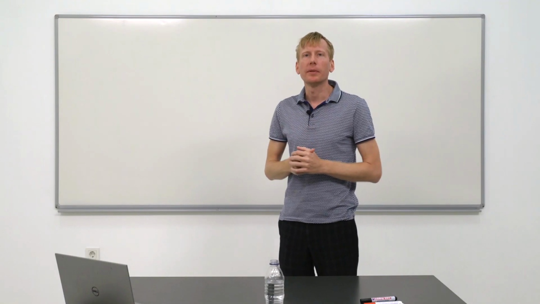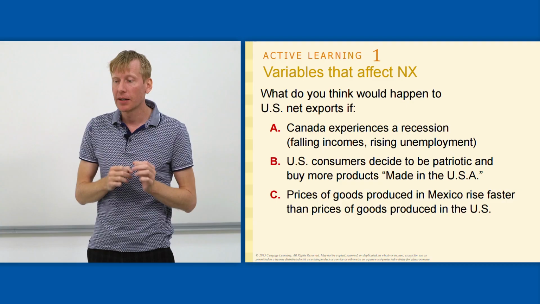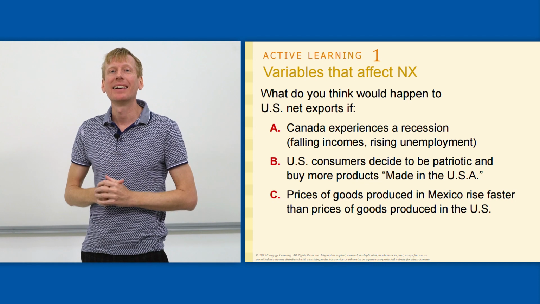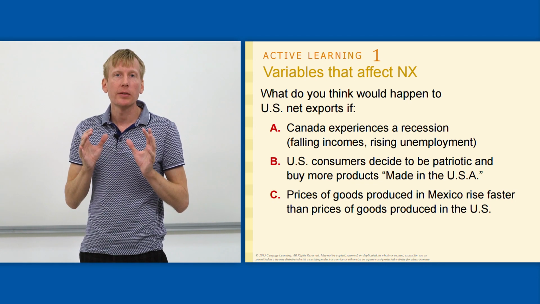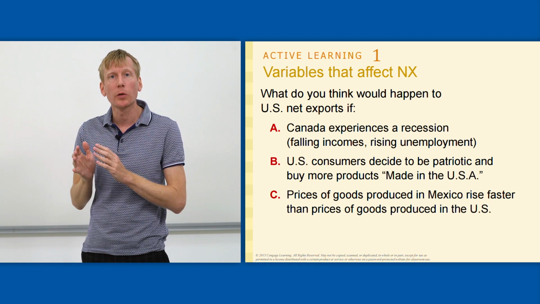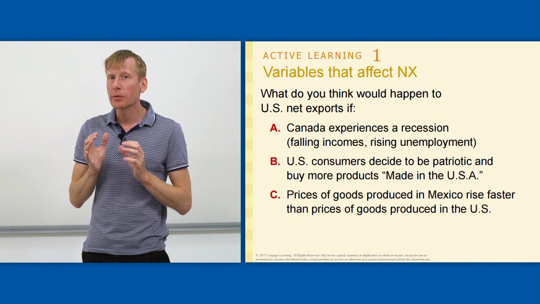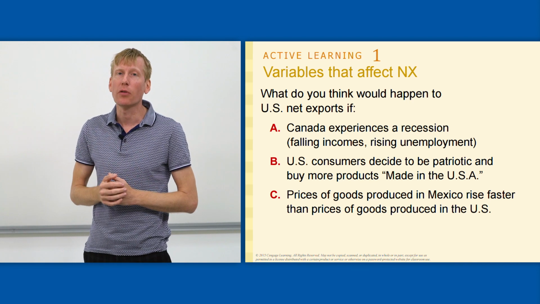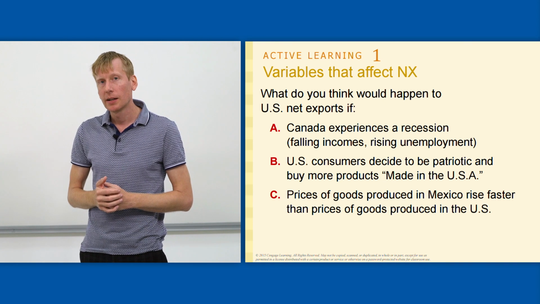What do you think would happen to net exports of the United States specifically if, in the first case, Canada experiences a recession? Now, if there is a recession, this means economic growth is negative or slow. And if we have a recession, incomes tend to fall. Many people tend to become unemployed.